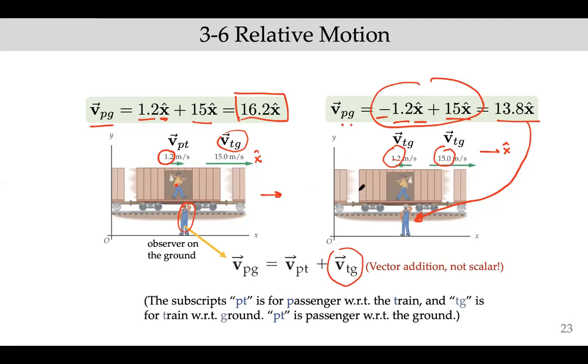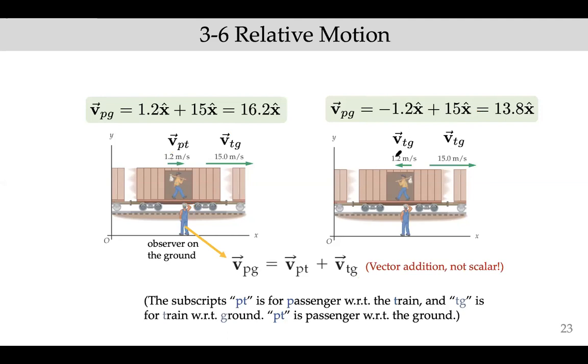Now, let's go to another extreme. Let's say this passenger is actually walking with 15 meters per second in the opposite direction. Think about it. 15 is the velocity of this passenger with respect to the train. If the train was not moving, you would say the passenger is moving to the left with 15, right? But what happens if the train is also moving with 15 in the opposite direction?